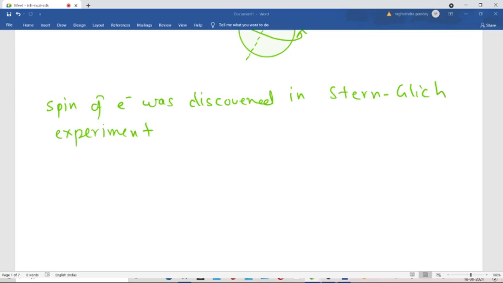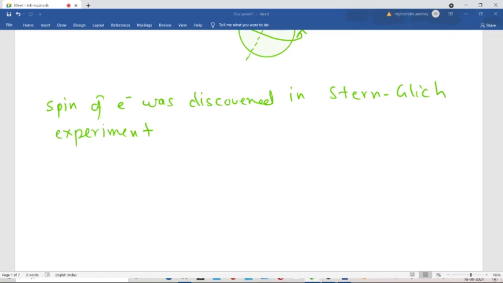Yeah. Now there is another rule related to that, when you curl your fingers like this. Suppose this is your current. When you curl your finger, this is the upward direction of the magnetic field.